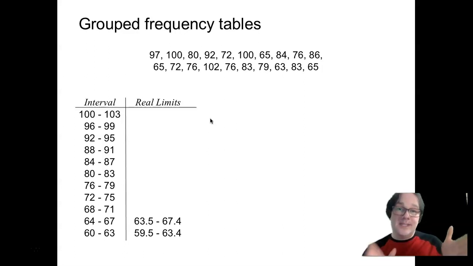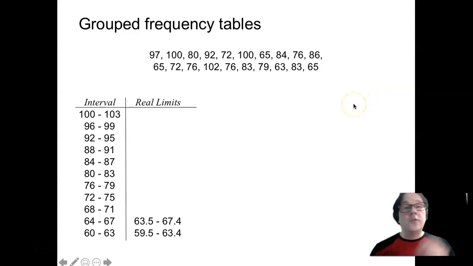Why? Because the real limits are 63.5 to 67.4. So whenever we're dealing with decimals in these raw scores, we're just going to use the rules of rounding to determine which of these intervals they go into.